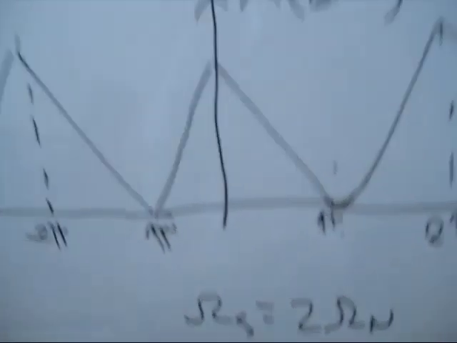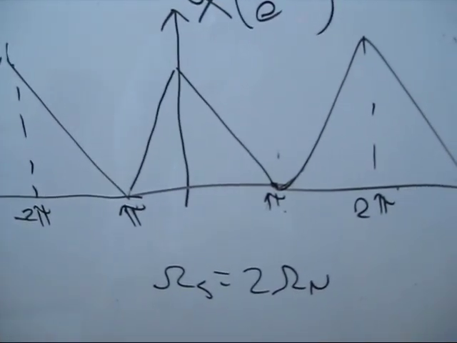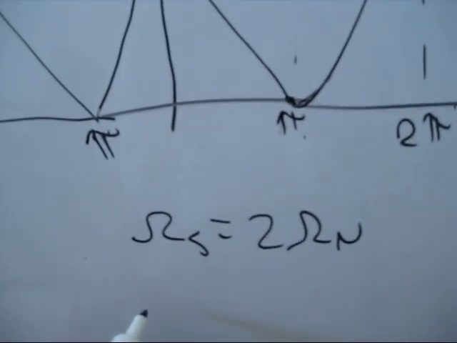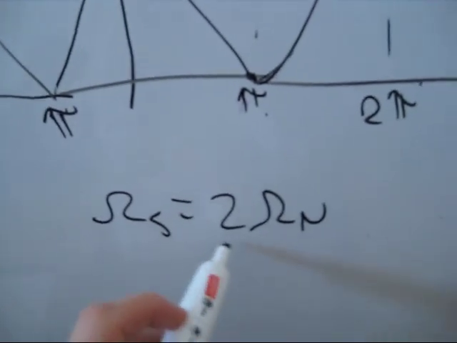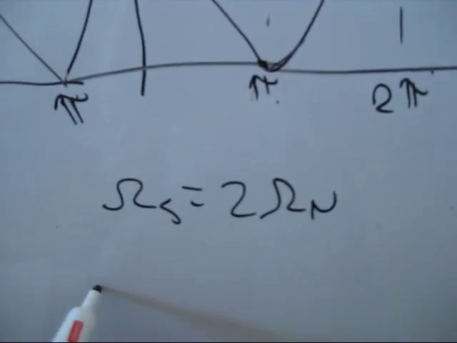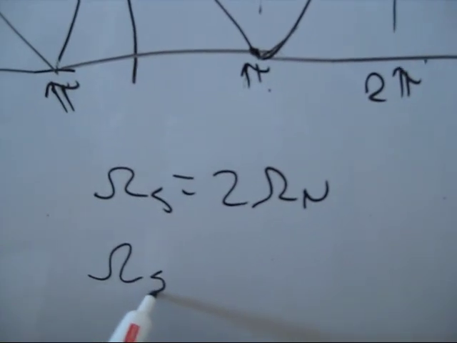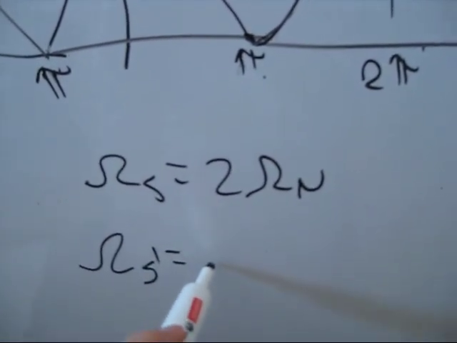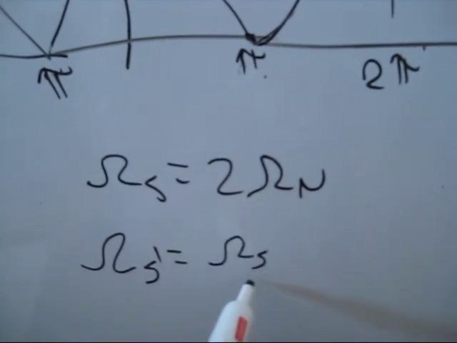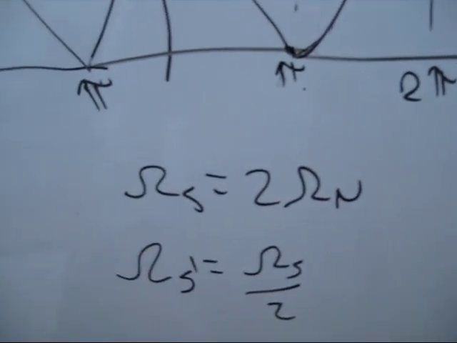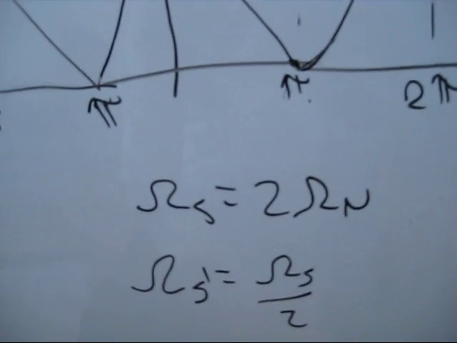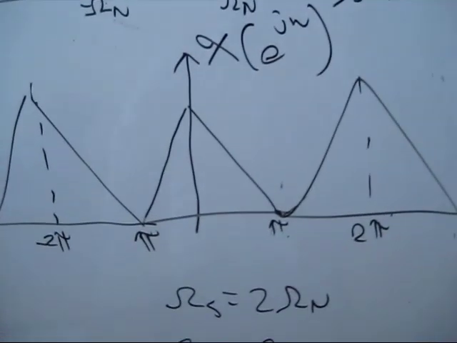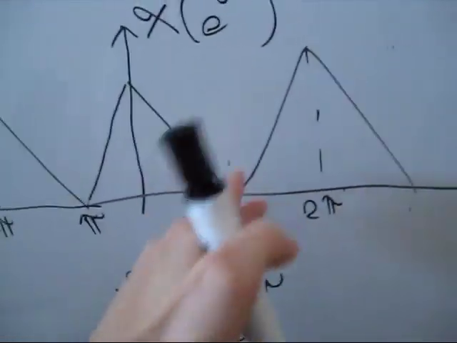So that's the condition there. What you end up with is you've just divided by 2. So your new effective sampling frequency, which we'll call prime, is equal to your old sampling frequency divided by 2.